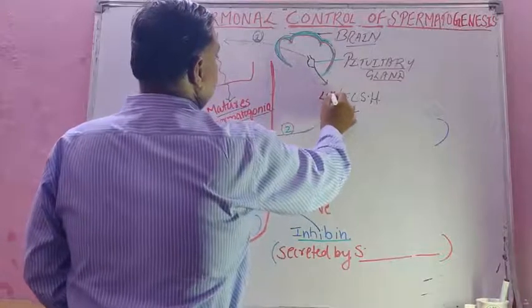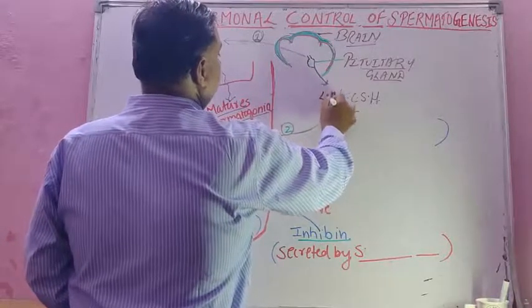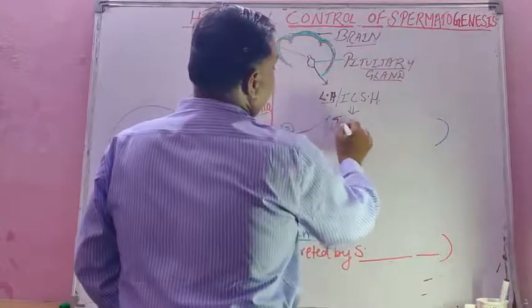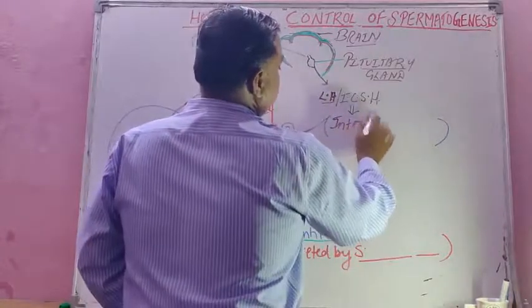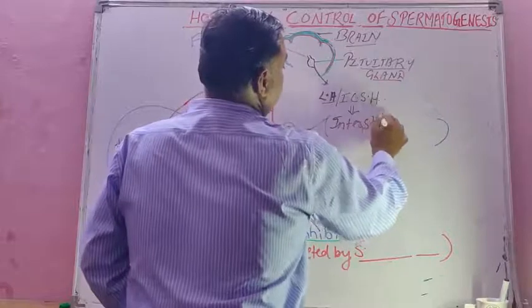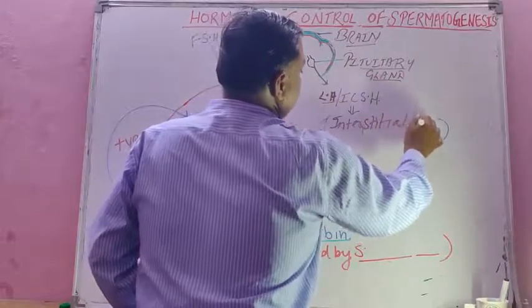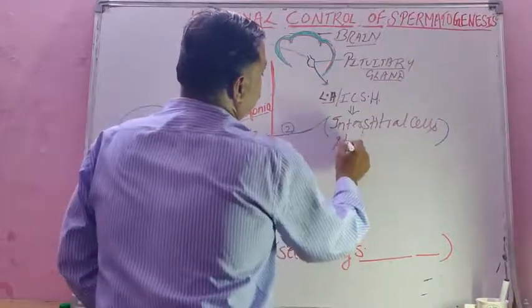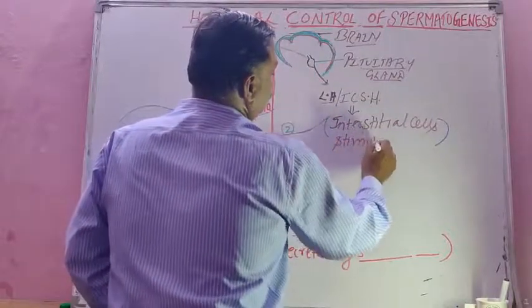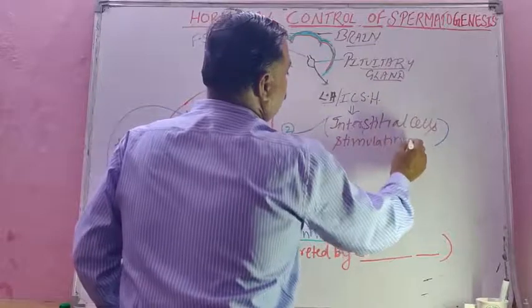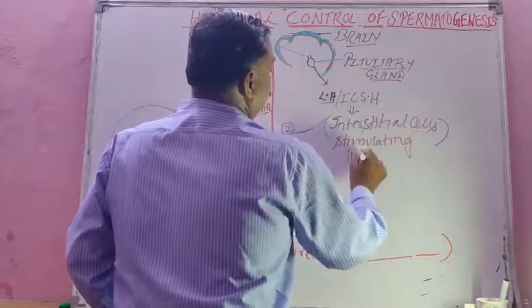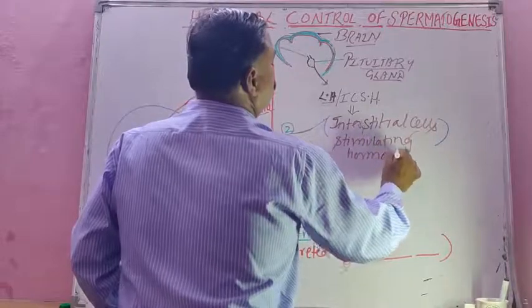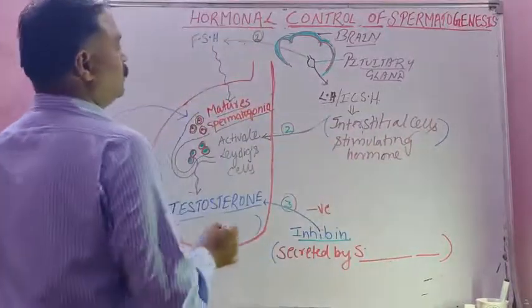You just see, one is LH, luteinizing hormone. In males it is called interstitial cells stimulating hormone. This is one hormone secreted by the pituitary for hormonal control of spermatogenesis.